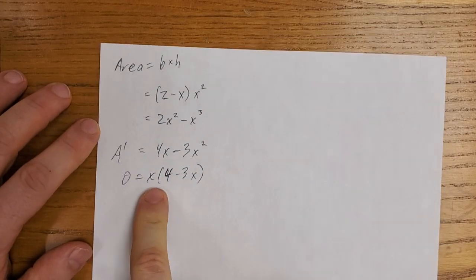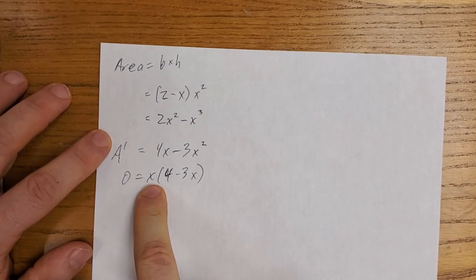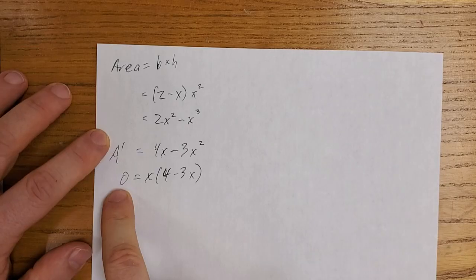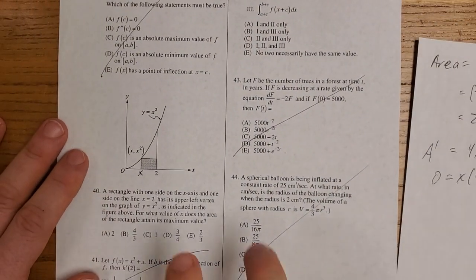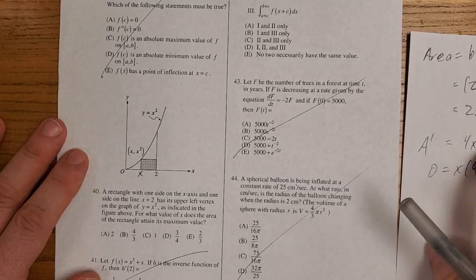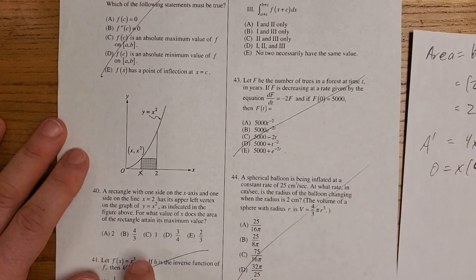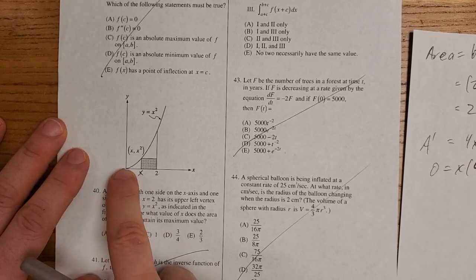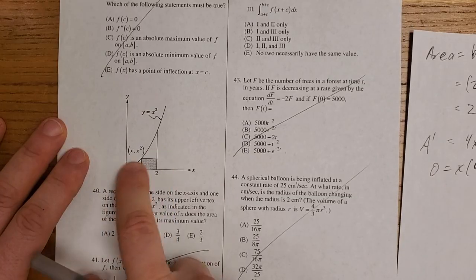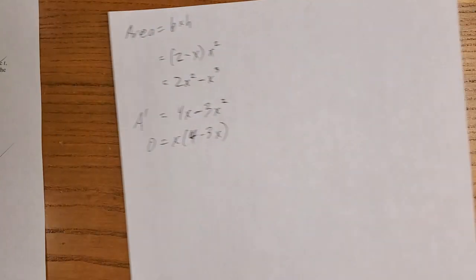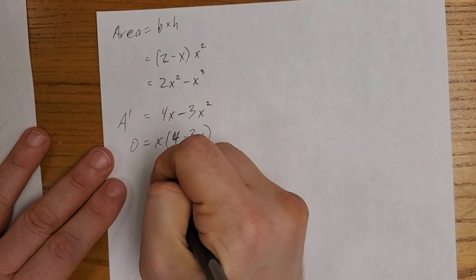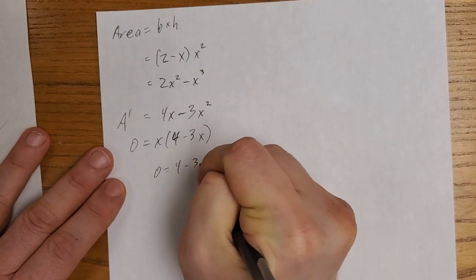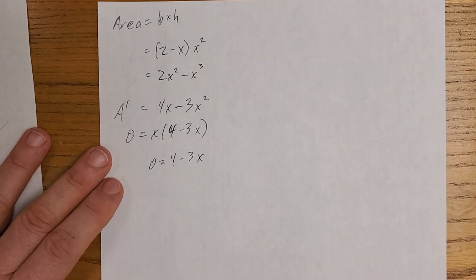Well, if x equals 0, that would be the slope equals 0, but that is definitely not going to be where the rectangle is biggest. So we're going to ignore that. We're going to toss that out and just deal with 4 minus 3x.